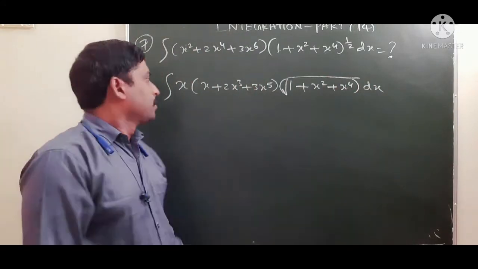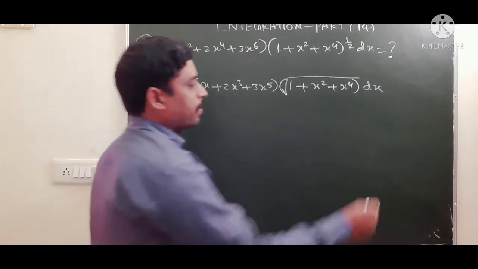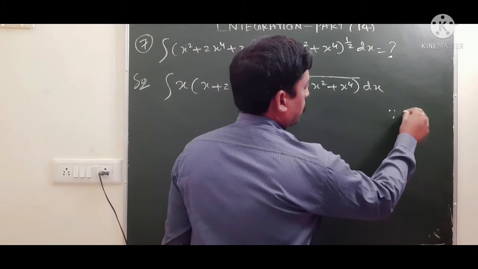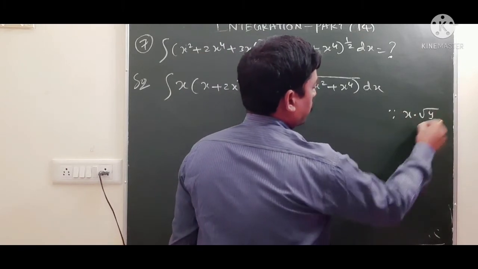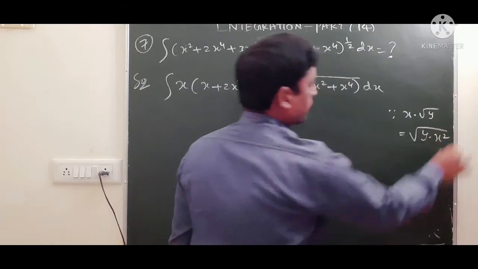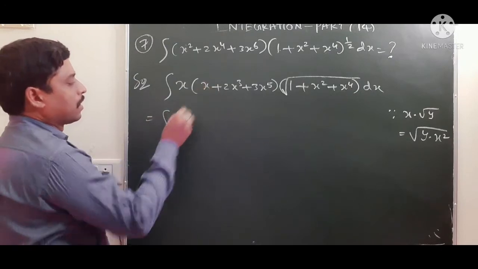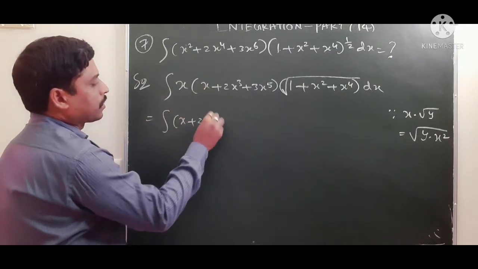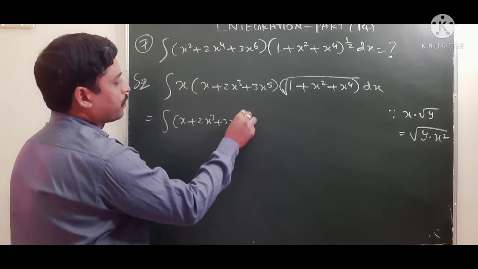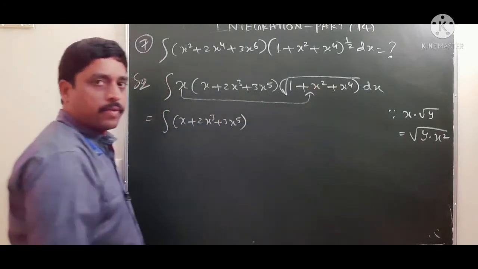Okay, this x multiply with root under value. We know that x into root y, this can be written as root over y into x square. Integral x plus 2x cube plus 3x to the power 5 into this x multiply with root under value.